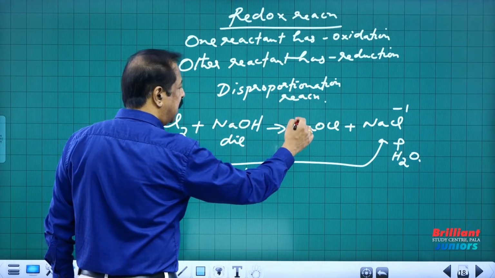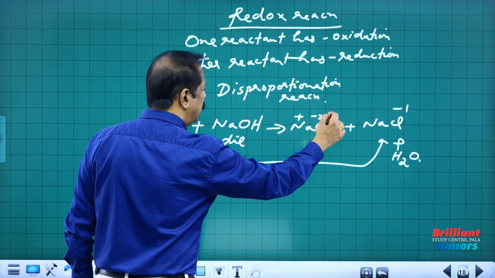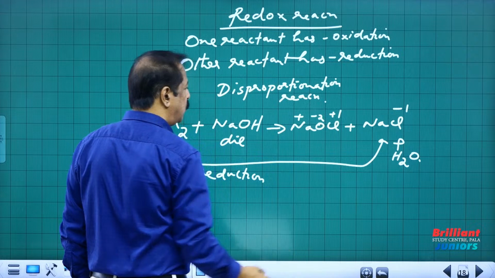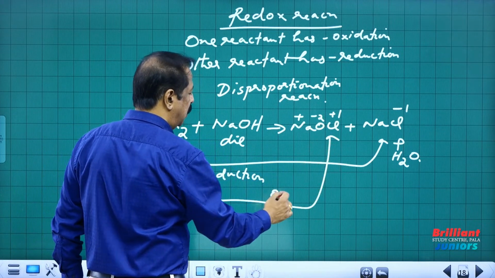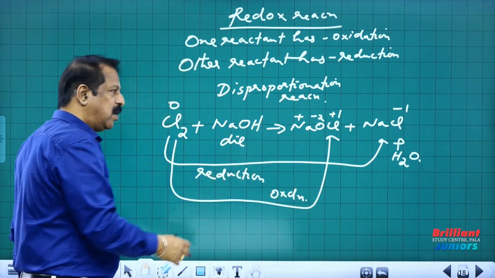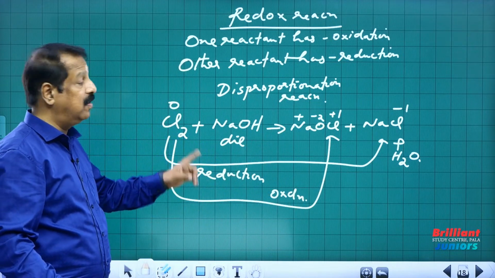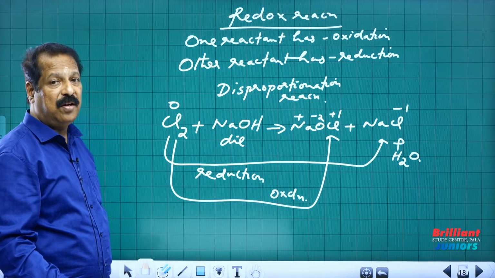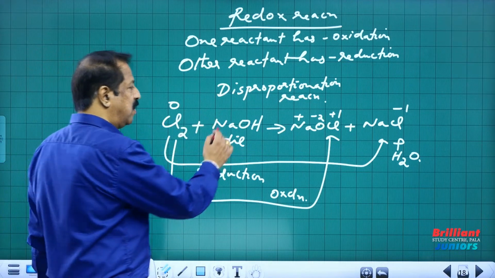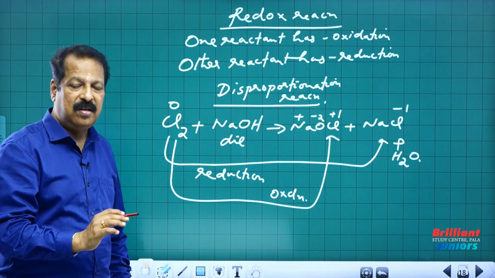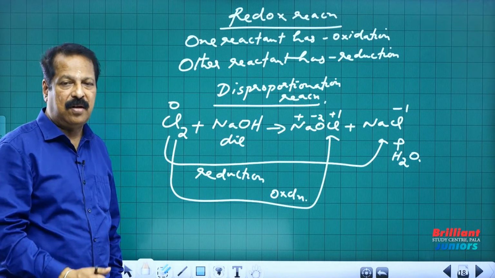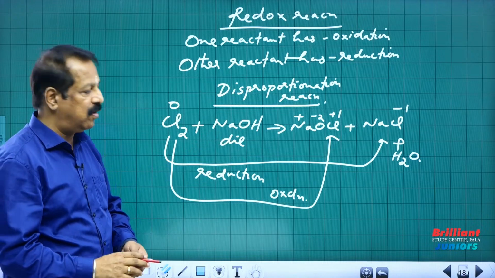And in NaOCl, Na is +1, oxygen is -2, so chlorine is +1. So chlorine has oxidation as well as reduction in the same reaction. Such a reaction is called a disproportionation reaction. An element undergoes oxidation as well as reduction at the same time in the same reaction.